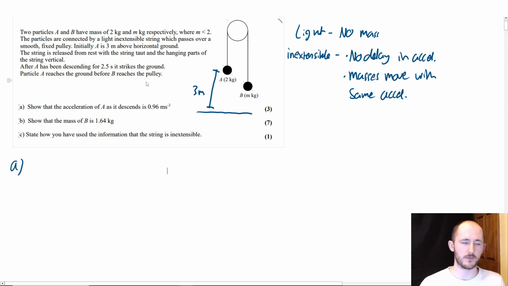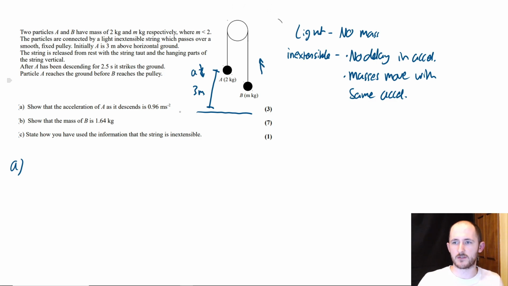But there was a question before where they didn't mention this, and so one of the assumptions was that the actual mass B did not touch the pulley before A reached the ground. Okay, so after A has been descending for 2.5 seconds, it strikes the ground. Show that the acceleration as it descends is 0.96 meters per second squared. And hopefully it makes sense that the acceleration is going to be downwards on this side and upwards on this side.